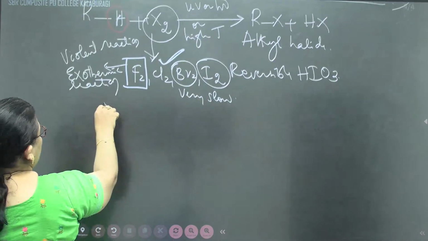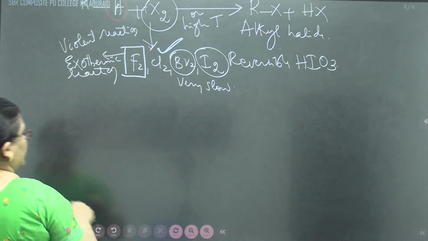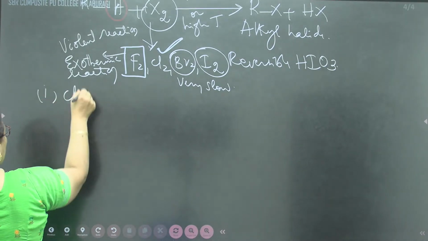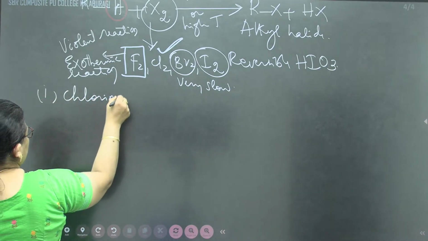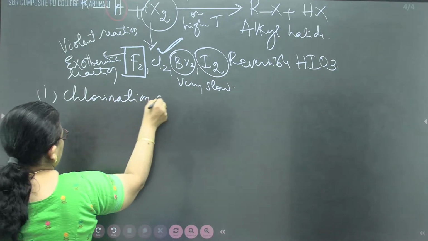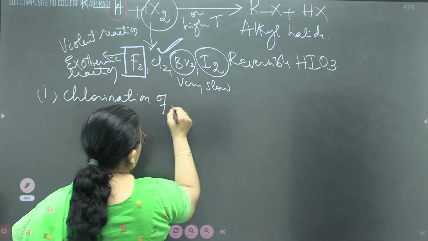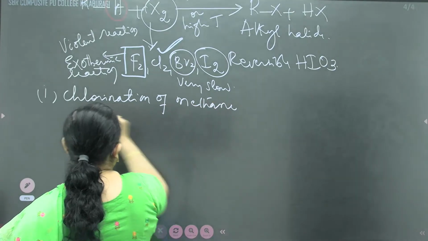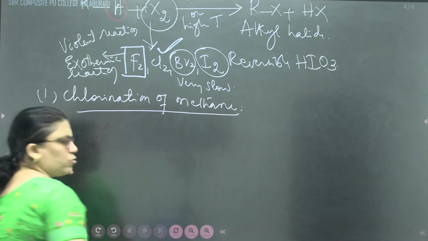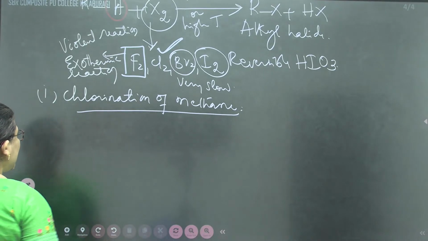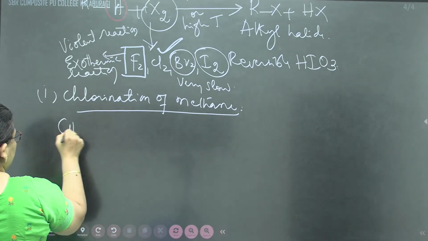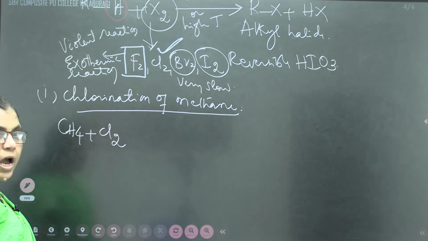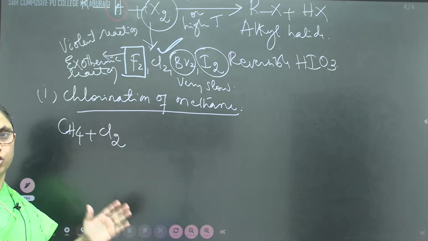Here in chlorination, let us see one by one. Chlorination of methane. We'll write methane directly, because we'll take it as the example; without an example, you cannot understand. As I said, it is a free radical substitution, and free radical substitution is a chain reaction.